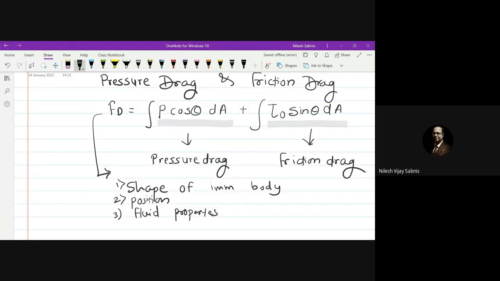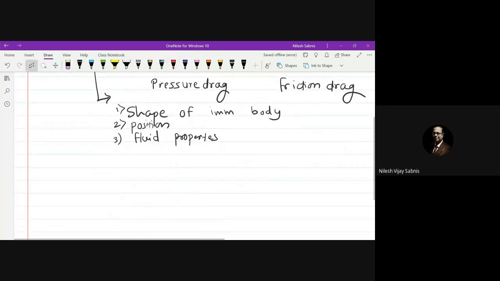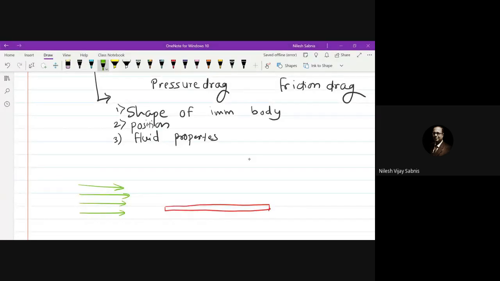So what we will do for that, we will consider a flow over a plate. There is one plate over which fluid is flowing with uniform velocity u. The plate is assumed to be a flat plate, parallel to the direction of flow.